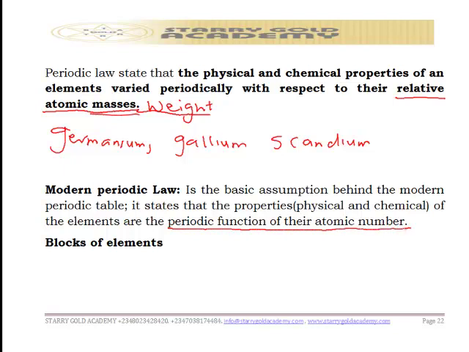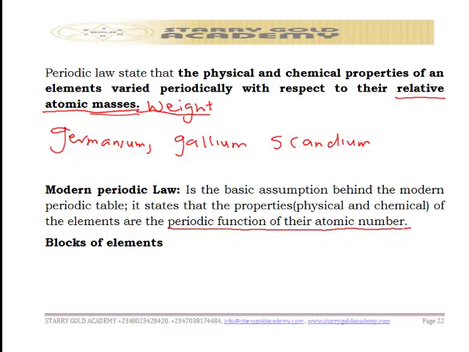Don't forget, before, when I was talking about the periodic law, we said it was based on their relative atomic weights or masses. That is why some properties of these elements were reoccurring, based on their arrangement on the periodic table.